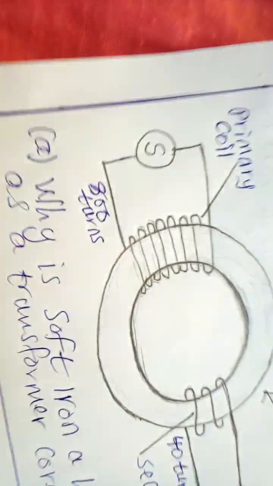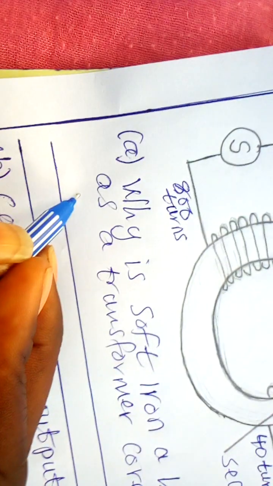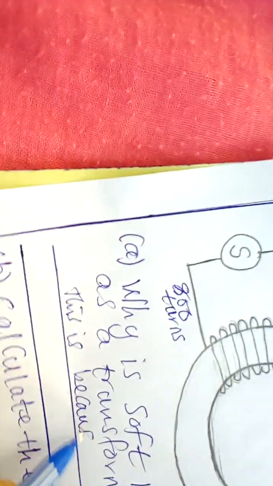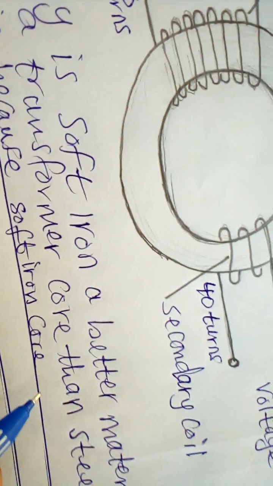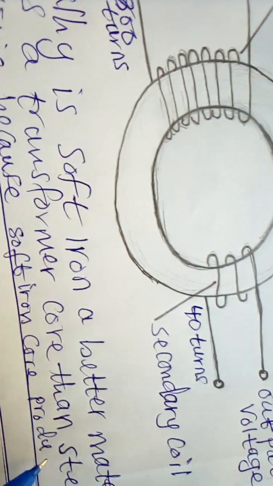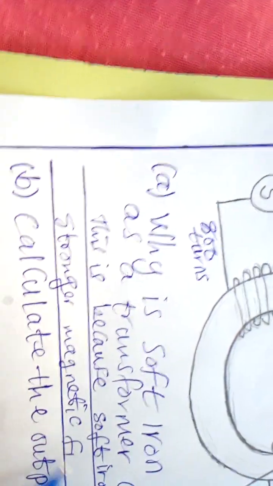The answer is that this is because the soft iron core produces or creates stronger magnetic fields.